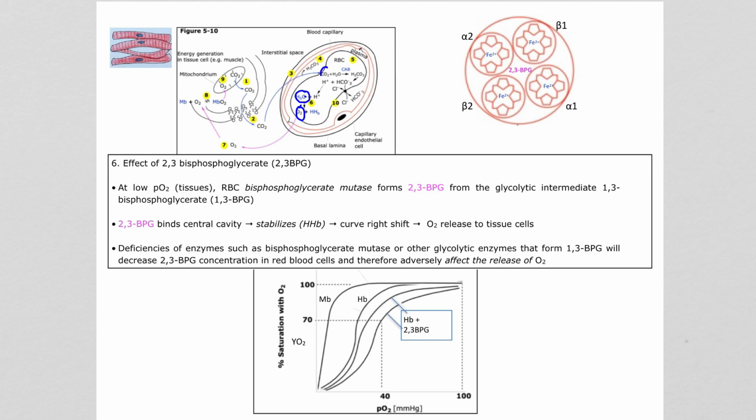One is the binding of carbon dioxide to hemoglobin, and the second is the binding of 2,3-BPG to hemoglobin. Both of these bindings cause the oxygen to dissociate from hemoglobin. That oxygen will then be sent to the muscles for their use.